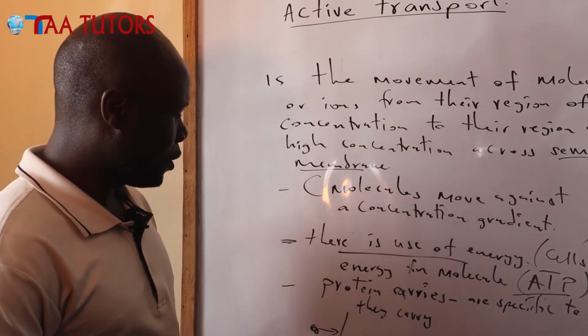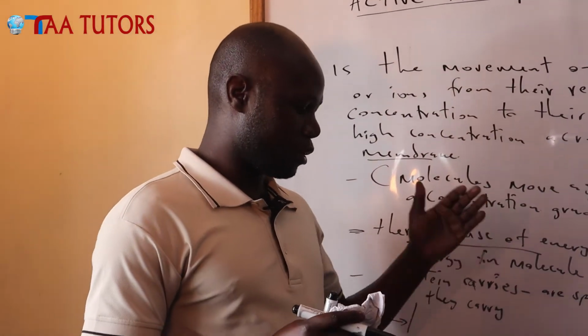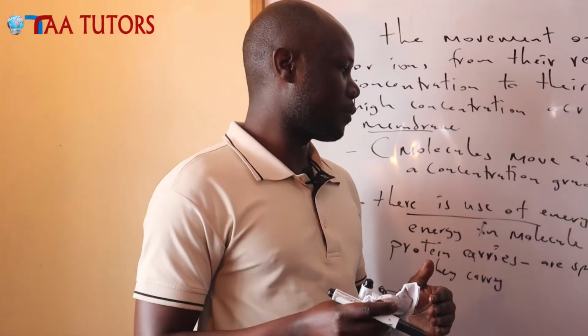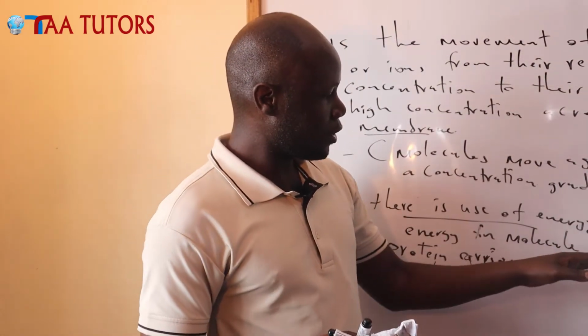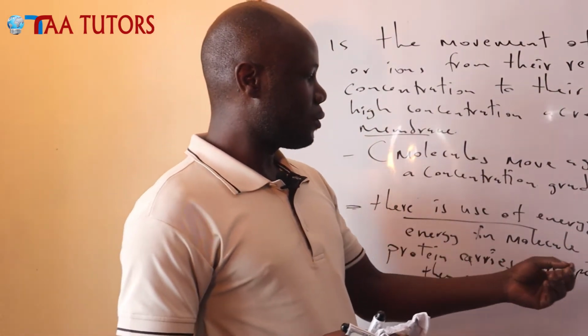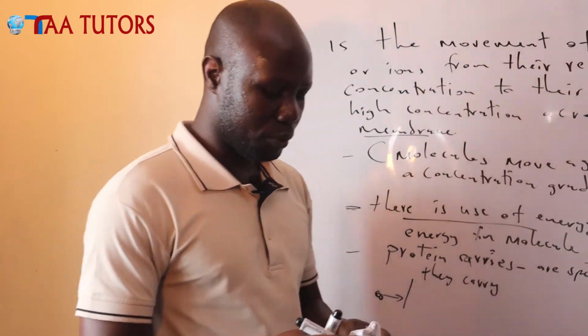Now, number two, I want us to realize that when these molecules are being carried across the membrane, this is a store of energy, meaning that it has to release that energy. For it to release the energy, it has to be broken down.